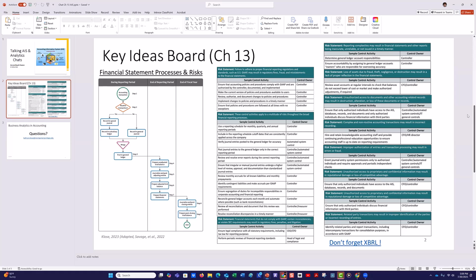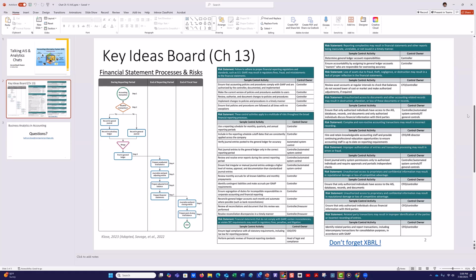So the biggest risk to financial statements, if they're under GAAP, is if they fail to comply with GAAP, right? There can be fines, there can be court trials, right? We often hear of companies being fined by the SEC for misstatements. Who ensures that we're covering GAAP?